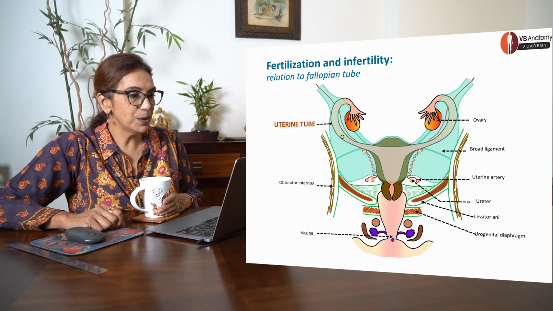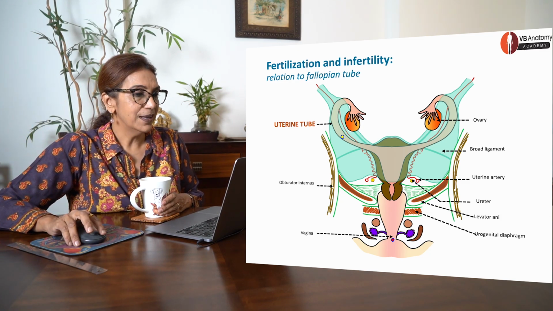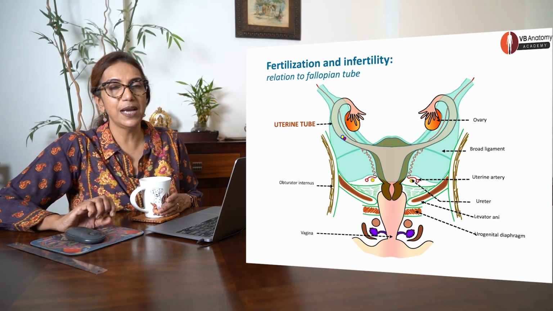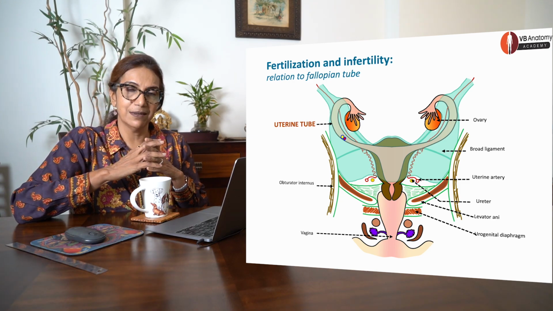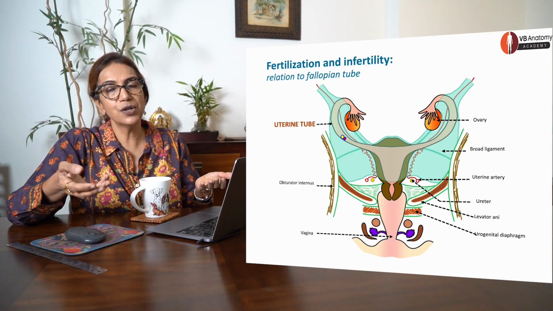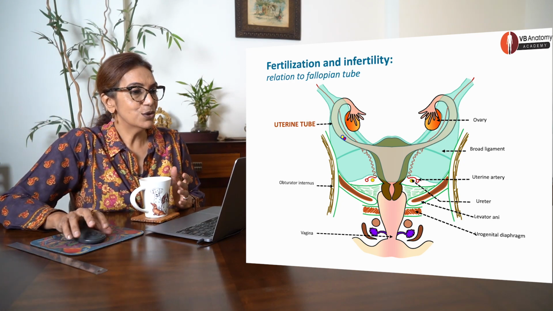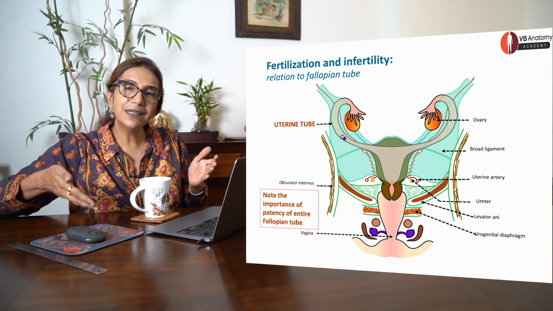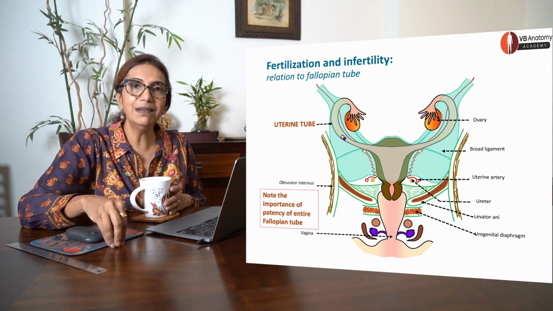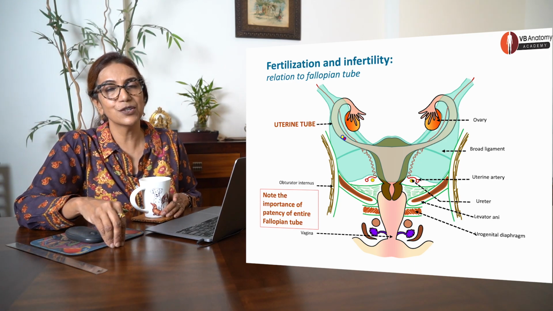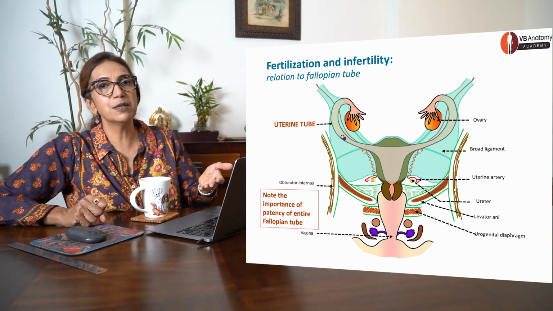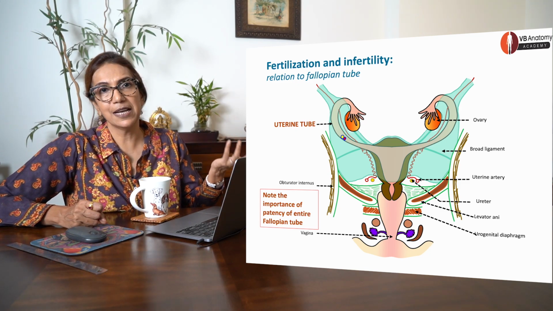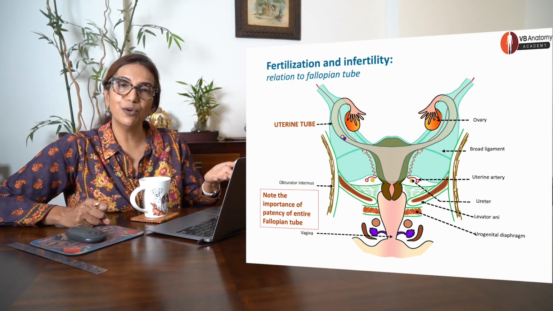A bunch of sperms are released in the vagina. They make their way through the cervix, through the uterus, into the ampulla, and the two meet to bring about formation of an embryo. So you have to note in this that the patency of the entire tract is the one thing that is required for fertilization. If anywhere along this path there is non-patency, there cannot be a fertilization. There cannot be an embryo formation.